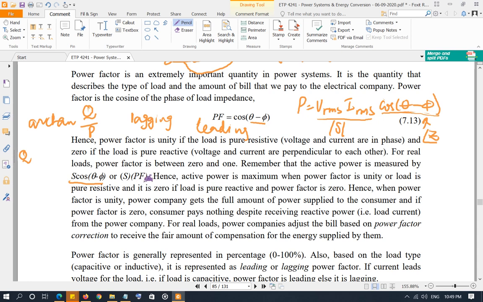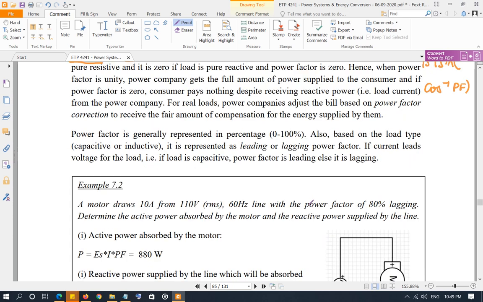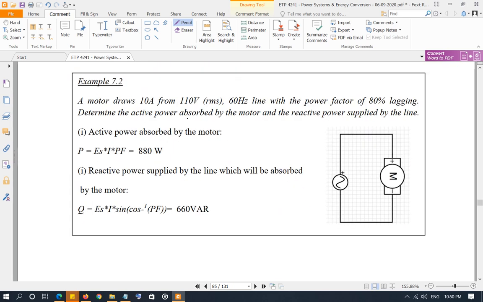And Q can also be given by apparent power times sine of theta minus phi. Remember, cosine theta minus phi is power factor, so theta minus phi can be given by cosine inverse of power factor. So Q can also be written as S sine of cosine inverse of power factor, right? You can also write Q like that. So all are connected, the same form, but you can write whichever quantity is given to you.